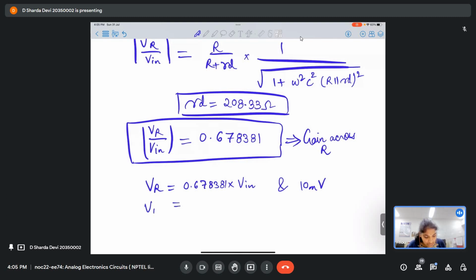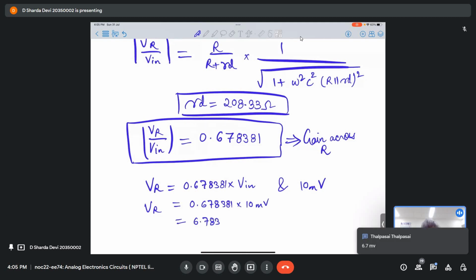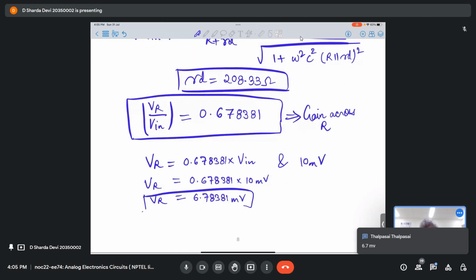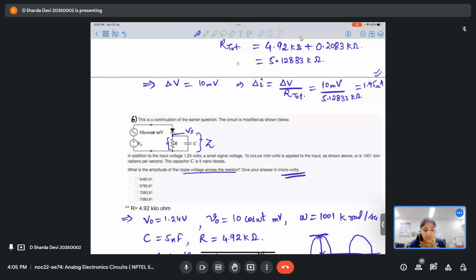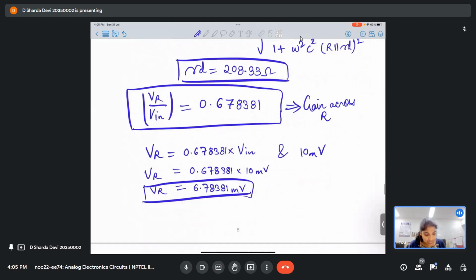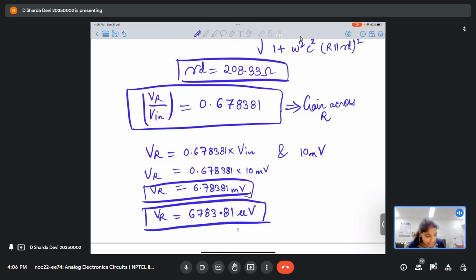So VR will be 0.678381 into 10 millivolts, that is 6.78381 millivolts. But the answer is asked in microvolts, so we multiply by 1000. So VR is actually 6783.81 microvolts. And this is the final answer.